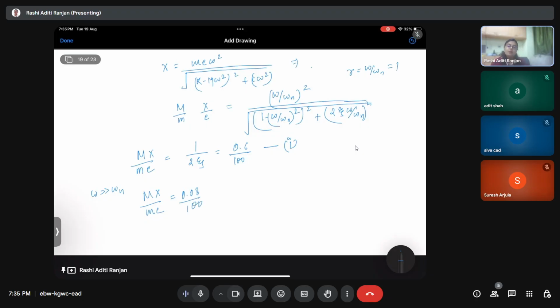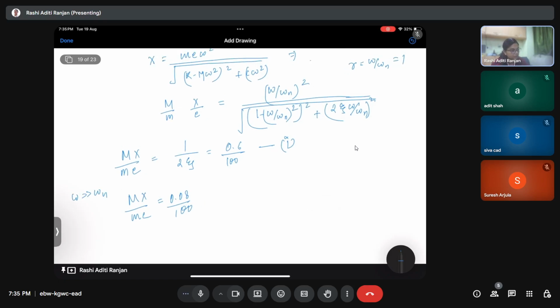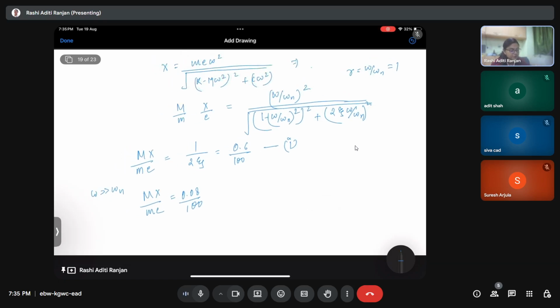Now we are supposed to find out the value of eta in the problem. What we can do is directly substitute the value.